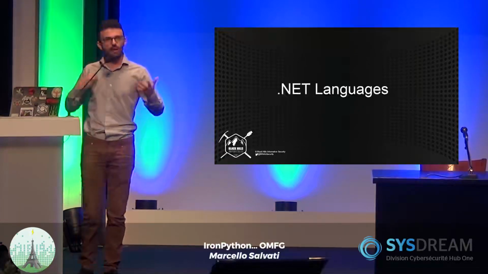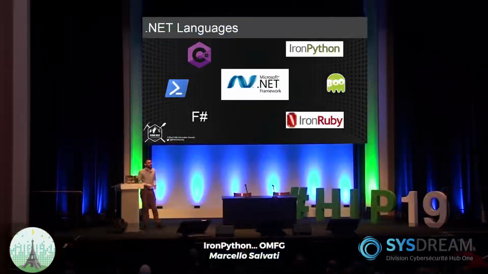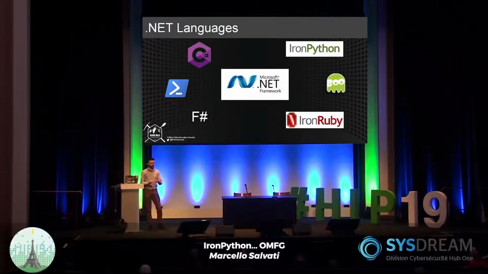Now we have to go back to what I said earlier about .NET languages, because it's important to understand this, right? The .NET framework is just a set of tools and infrastructure in place to build your own language, and there are a lot of languages based on it. There are some that are officially supported by Microsoft, and C# is by far the de facto .NET language.